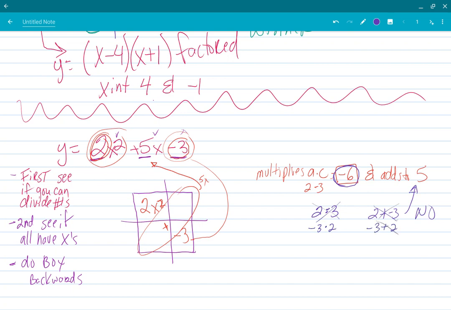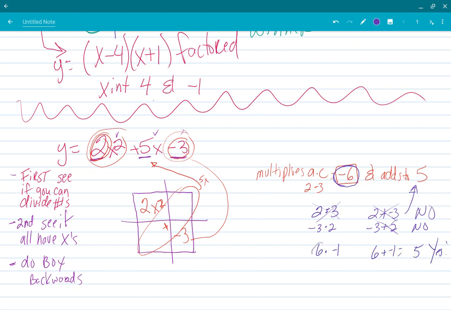No. So what two numbers multiply to -6 and also add up to 5? 6 and -1. 6 times -1 equals -6. 6 plus -1 equals 5. This is the winner. Yes, winner, right?